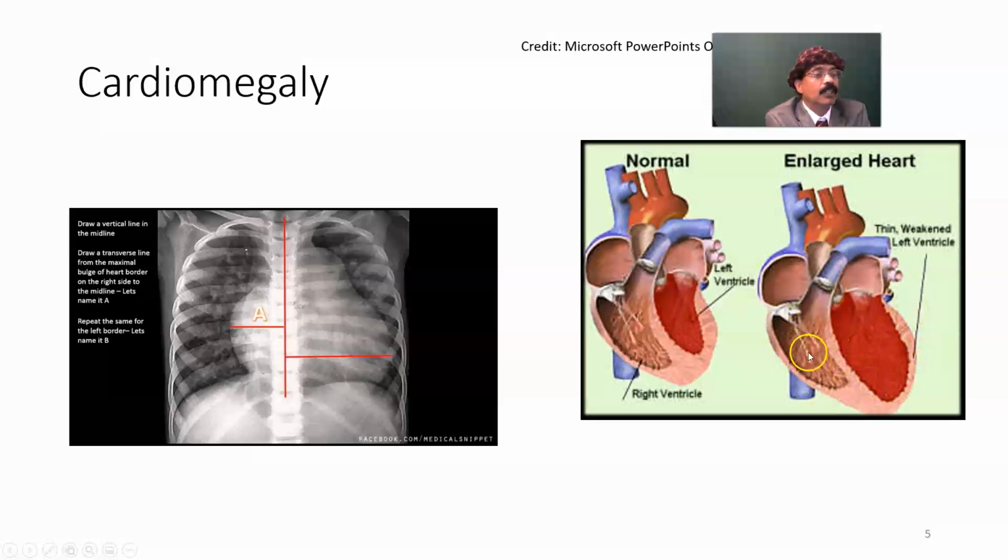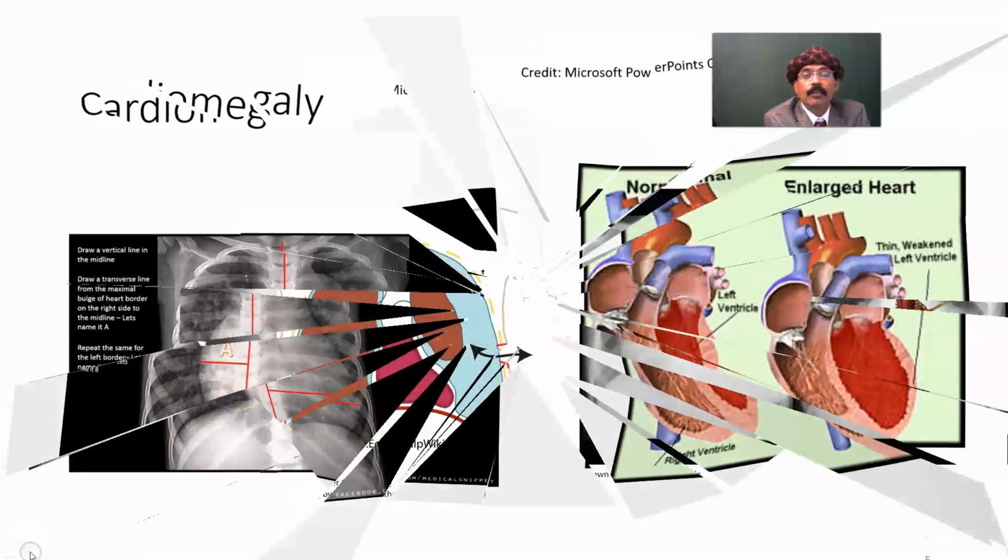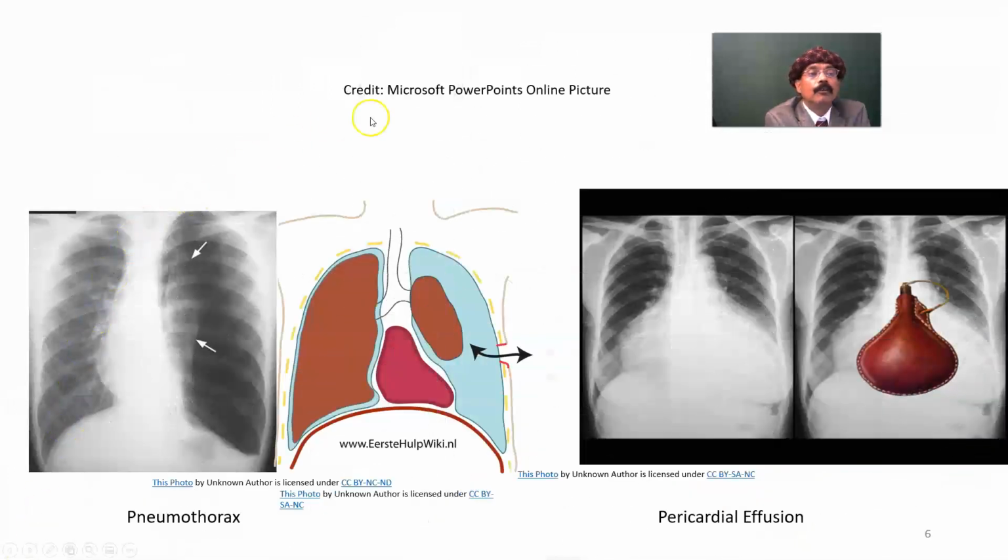It may be even larger than that in certain diseases like long-standing hypertension. The wall may not be thinned out; the wall may even be thick in left ventricular hypertrophy due to hypertension. So cardiomegaly means enlargement of the heart, and the maximum transverse diameter of the heart should be half of the maximum transverse diameter of the thoracic cavity. Okay, we got that.